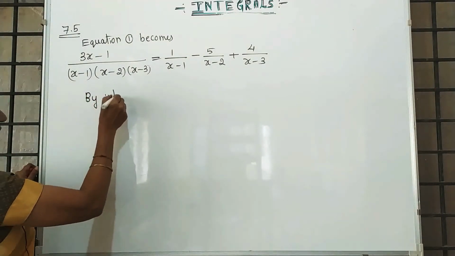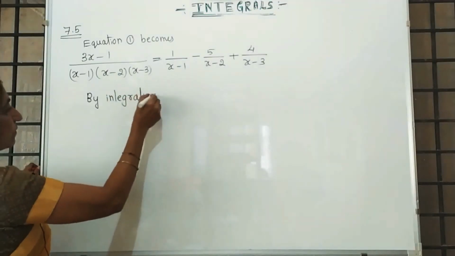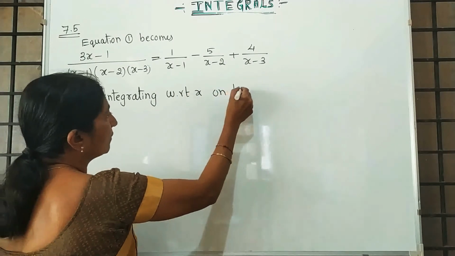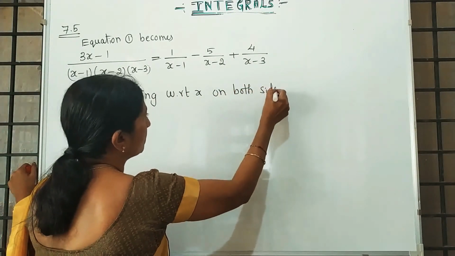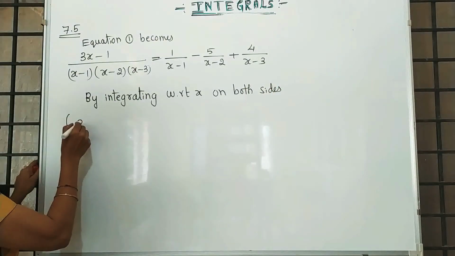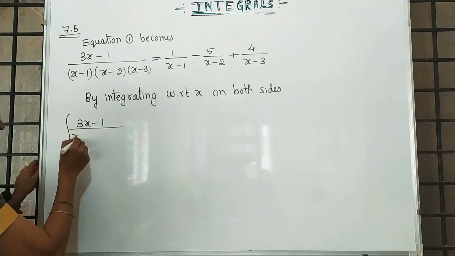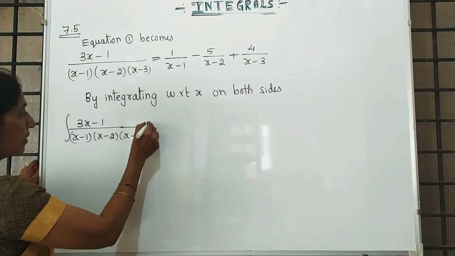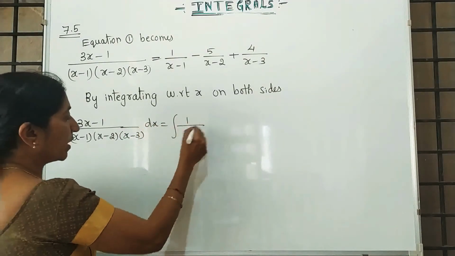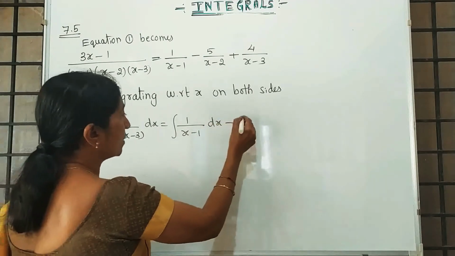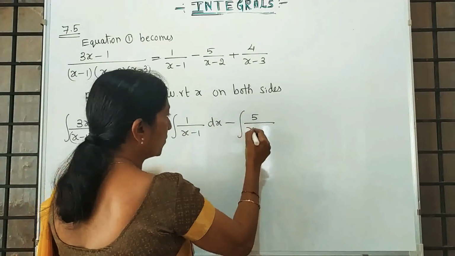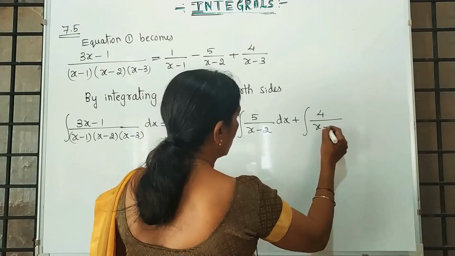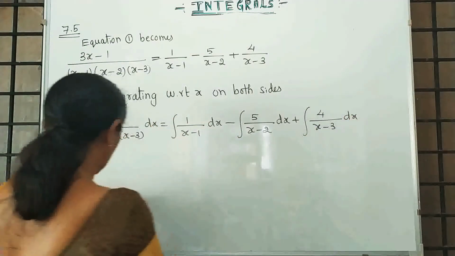So the integral of (3x minus 1) upon (x minus 1)(x minus 2)(x minus 3) dx is the integral of 1 upon x minus 1 dx minus 5 upon x minus 2 dx plus 4 upon x minus 3 dx.